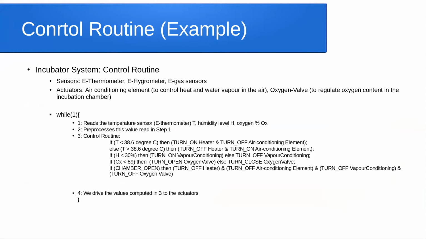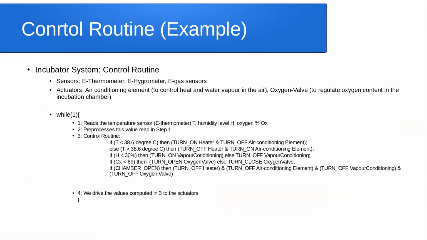Incubator is the one that is used to maintain the temperature. If it is a baby incubator, then the idea is it has critical life support systems inside a small confinement, and the temperature inside that control volume is kept at 38.6 degrees centigrade. That is how the temperature is maintained.